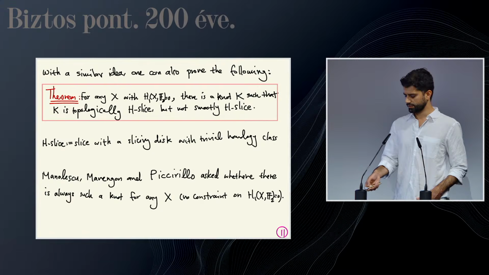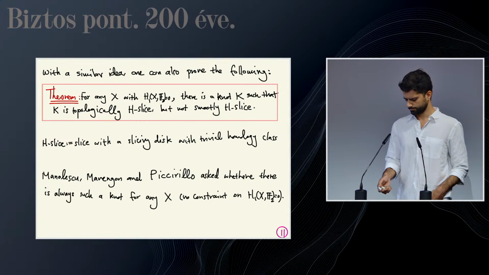There was a question asked by Cyprian, Marco, and Lisa, whether this is always true for any X, with no constraint on the first homology, and at least in the case that the first homology is 0, we can use Q3 and its properties to produce such examples.